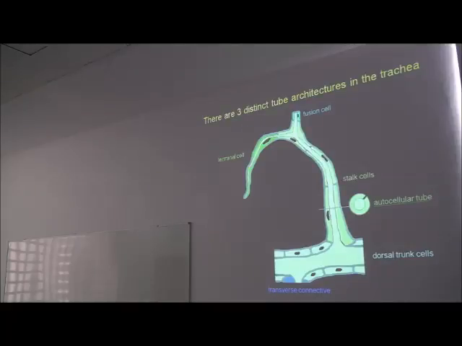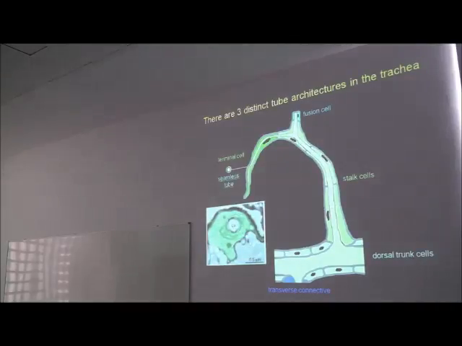There are also single cell tubes. These that we call autocellular tubes are wrapped around the long axis and make self-adhesions to seal into the tube. And then there are 2 cells at the tips of the branches. One called a fusion cell that makes an anastomosis to the contralateral branch, so it connects the network.